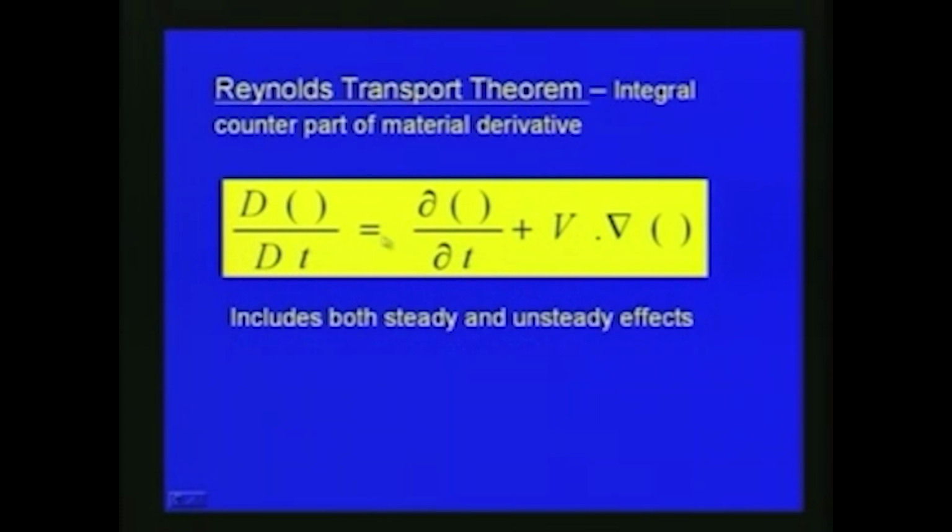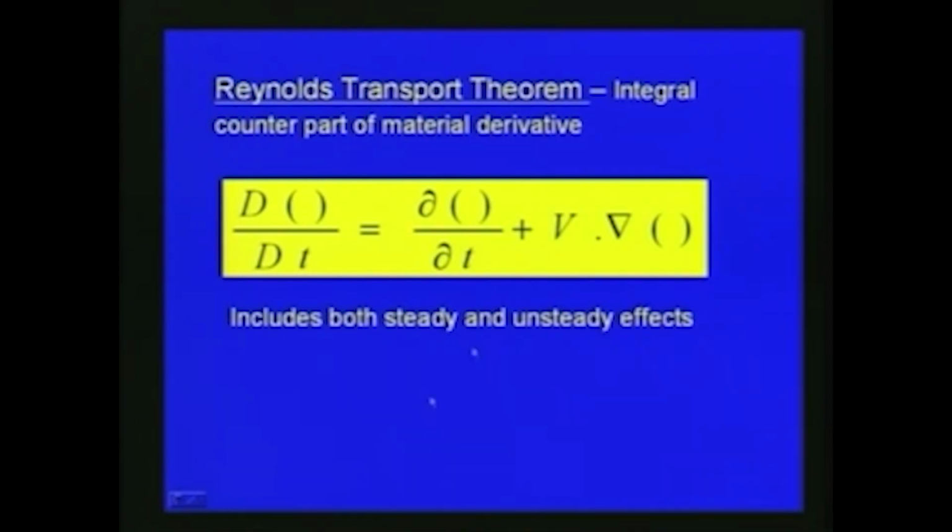With respect to the Reynolds transport theorem, the integral counterpart of the material derivative, as we have seen, we can write as d by dt of the particular parameter which we are dealing with, equal to del by del t of the parameter plus v dot product del of the parameter. So, this includes both the steady and unsteady effects as we have seen.